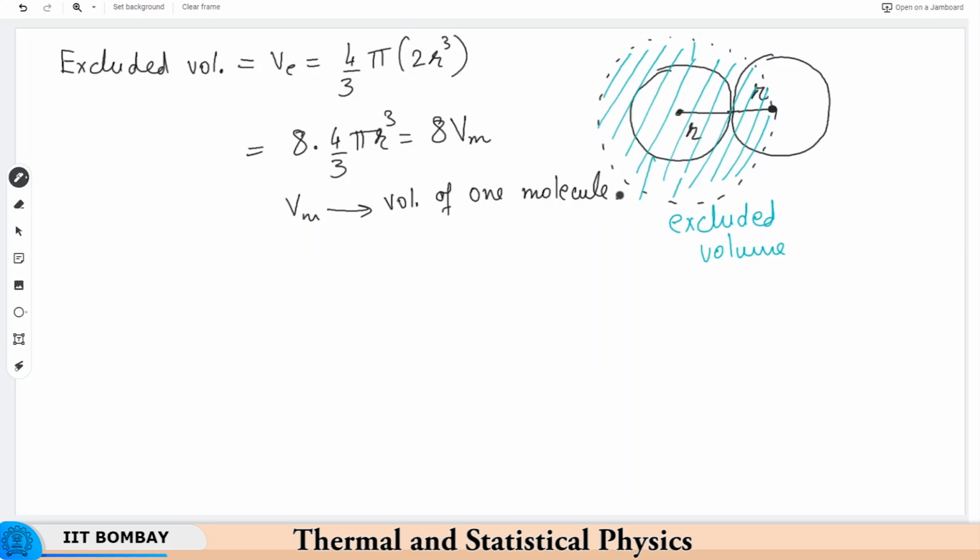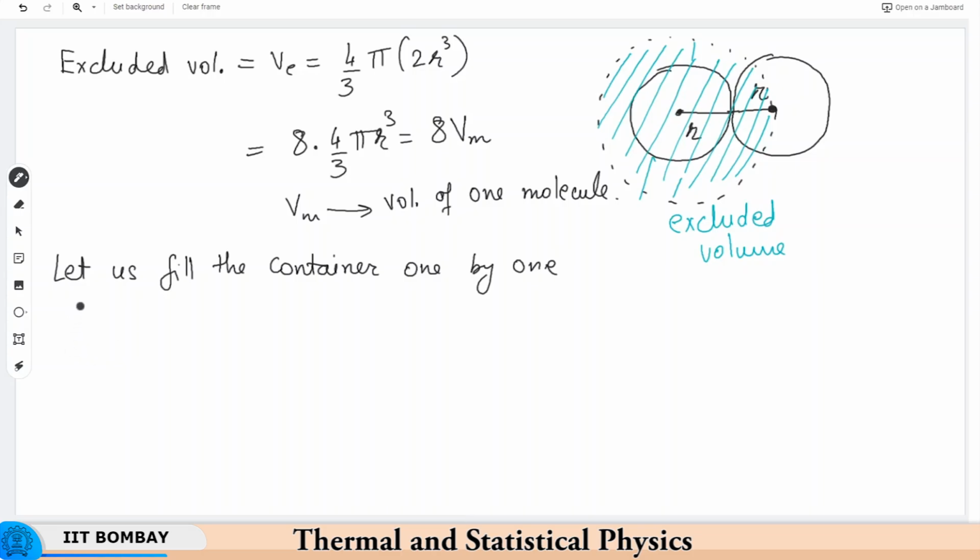So this is what a single molecule contributes to the excluded volume. But what we are interested in is the average volume per molecule, so let us do that systematically. Let us fill the container one molecule at a time. Say I give you a container which has volume V and no molecules.